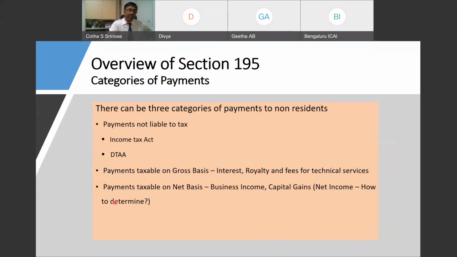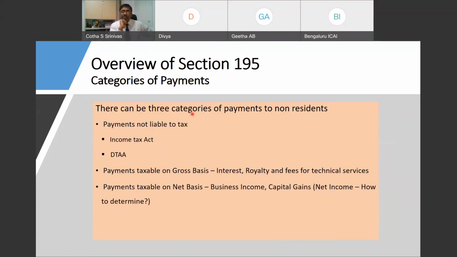Or there is a third category where payments are taxable on net basis, that is business income or capital gains. So when we talk about capital gains, let me explain 195(2), where the payer can apply for lower deduction of TDS. What are the circumstances when the payer can apply for lower deduction of TDS?